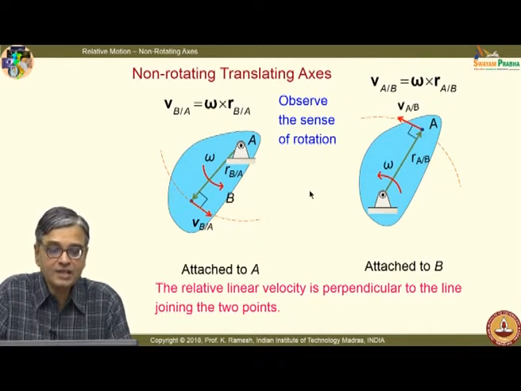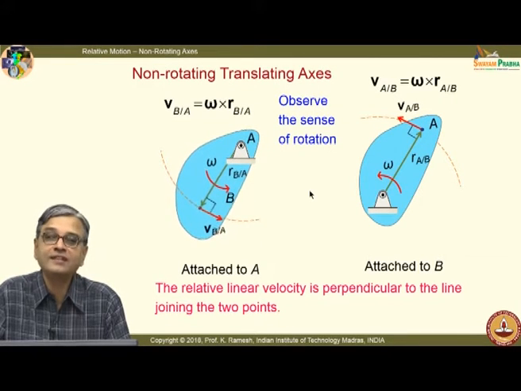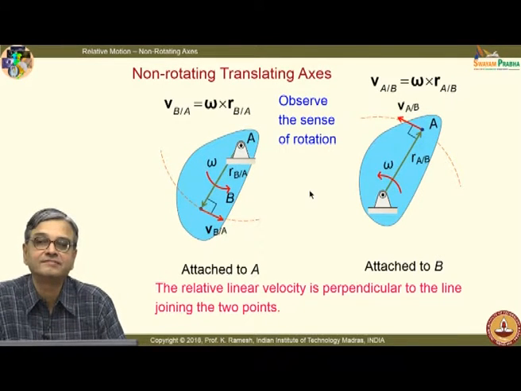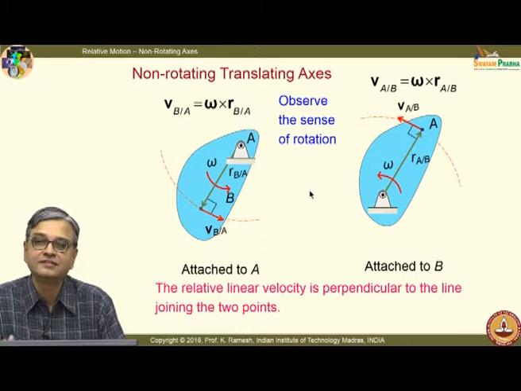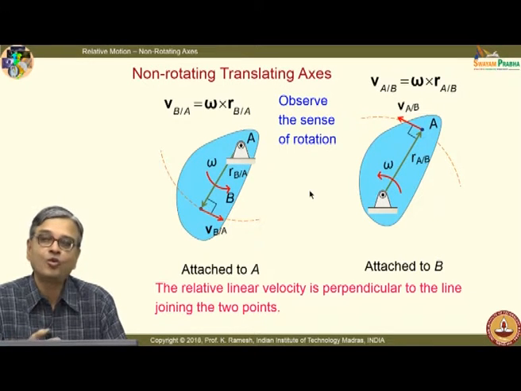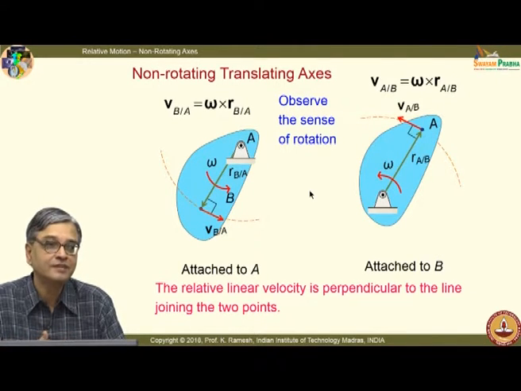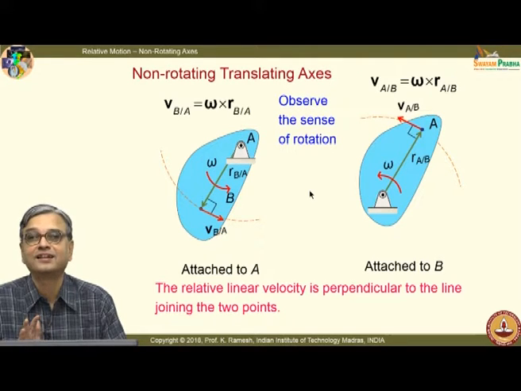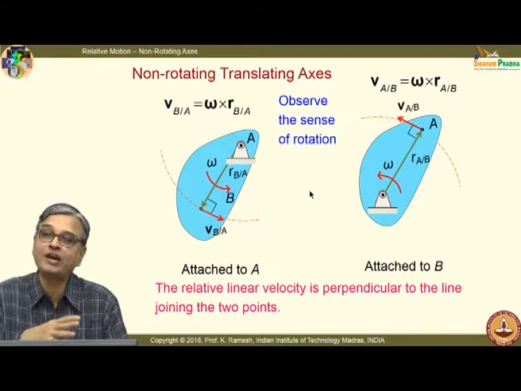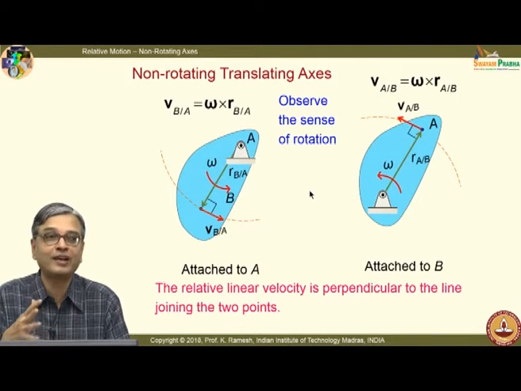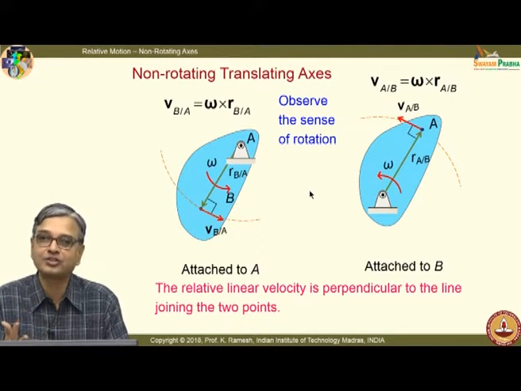And look at how this rotates. What is the sense of rotation? What was the sense of rotation earlier? It was anti-clockwise. What is the sense of rotation now? It is again anti-clockwise. It does not become clockwise. The body as a whole has only anti-clockwise motion.